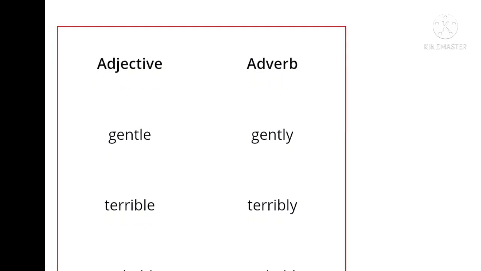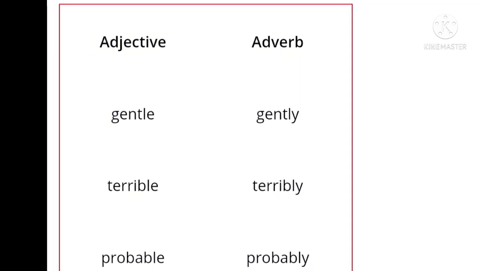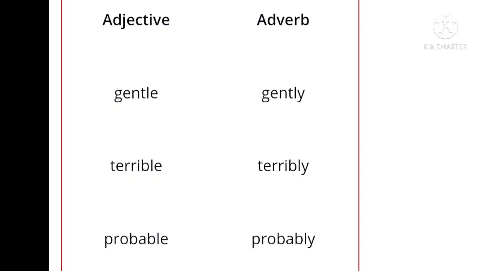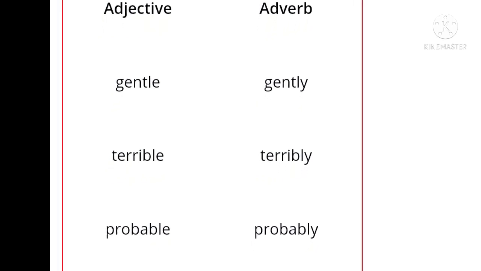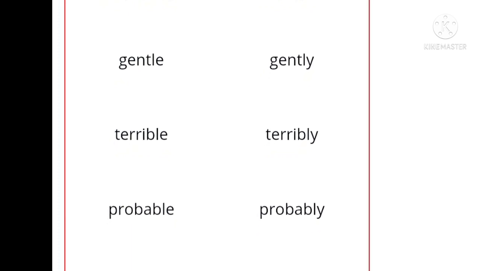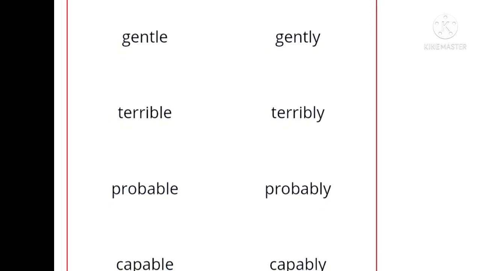Terrible is the other word; changing the adjective into an adverb, it becomes terribly, T-E-R-R-I-B-L-Y. Another word is probable. When the e is replaced with y, it becomes probably, P-R-O-B-A-B-L-Y, and so on.